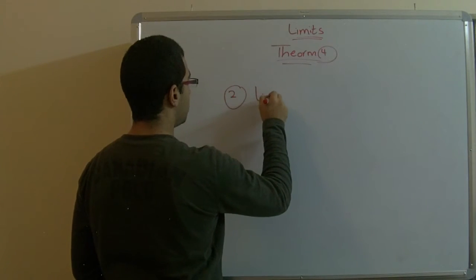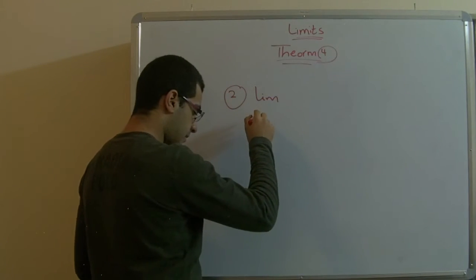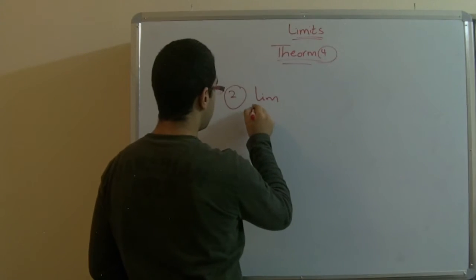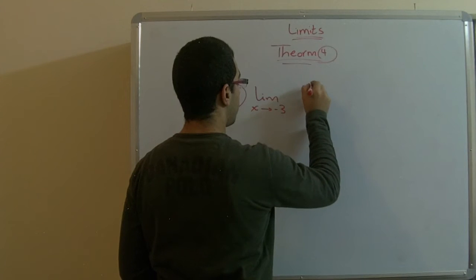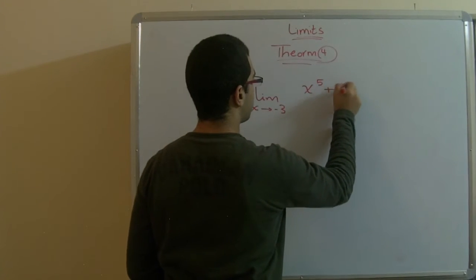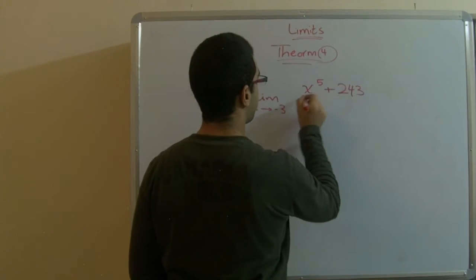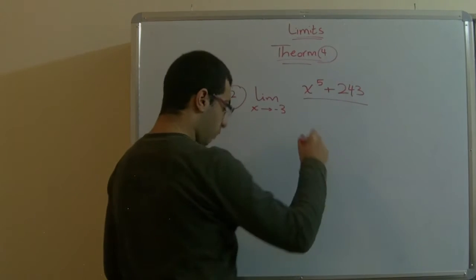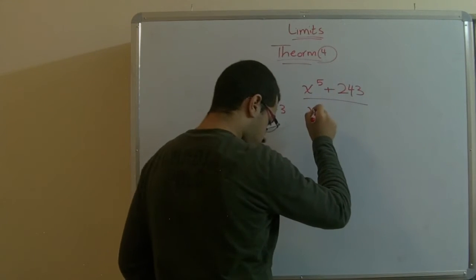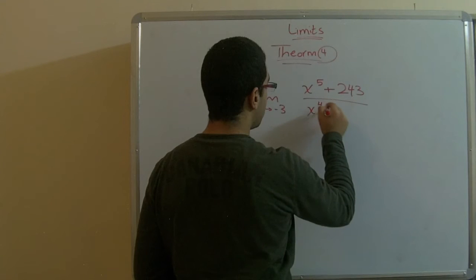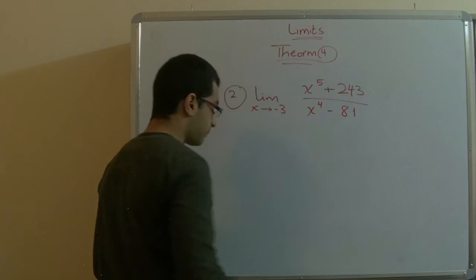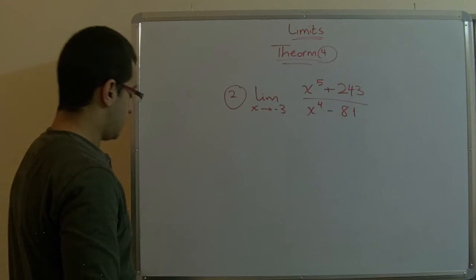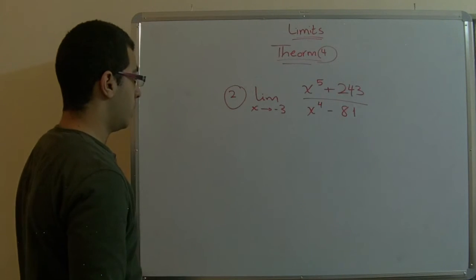We want the limit as x approaches negative 3, and here we have x to the power 5 plus 243 over x to the power 4 minus 81. So let's remember our formula.